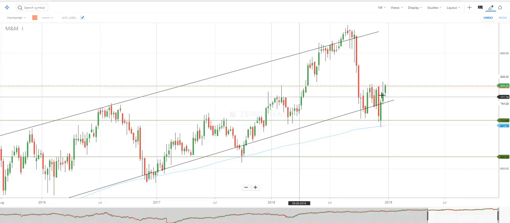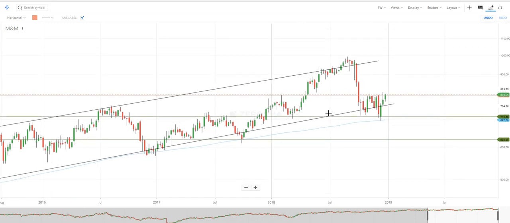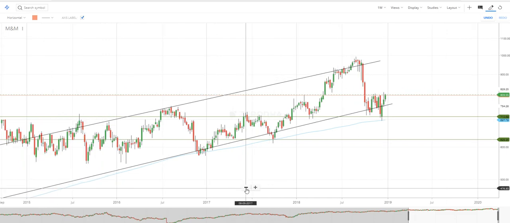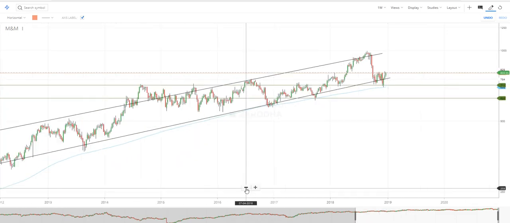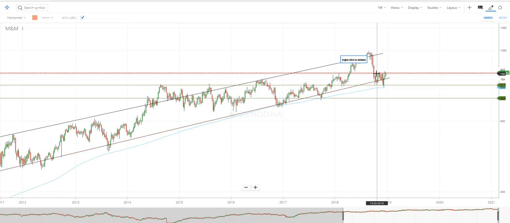All right, yeah. So you can see M&M is in a continuous upward channel, right? This is an upward momentum channel. And what happened after here? M&M has taken support on its 200-week moving average and it has bounced back, and it is in a range-bound situation here, right?